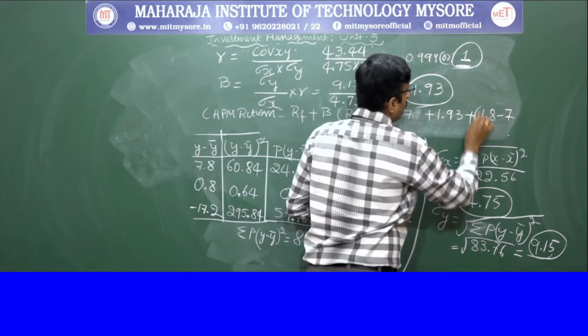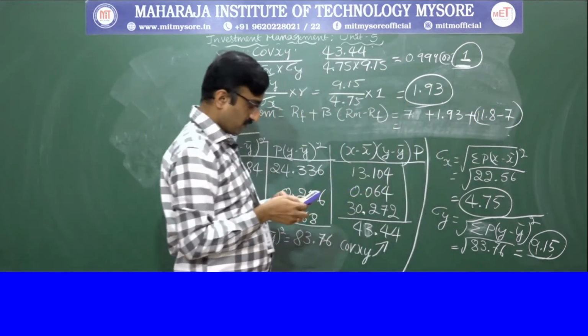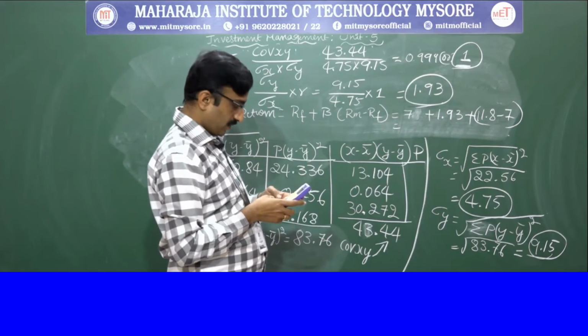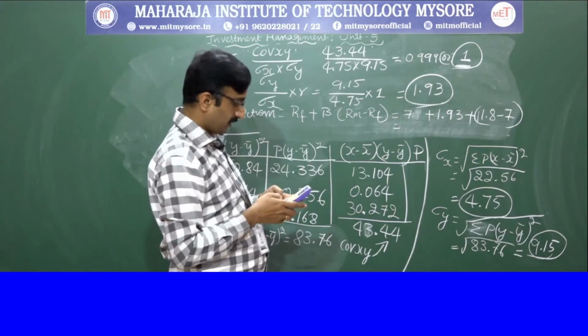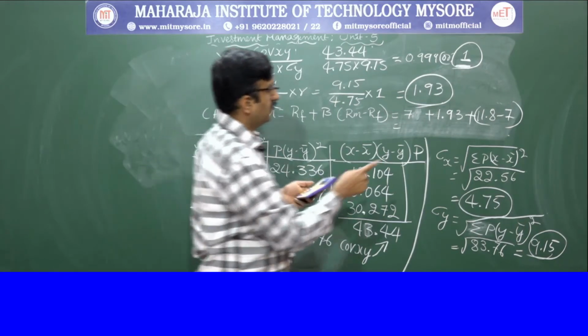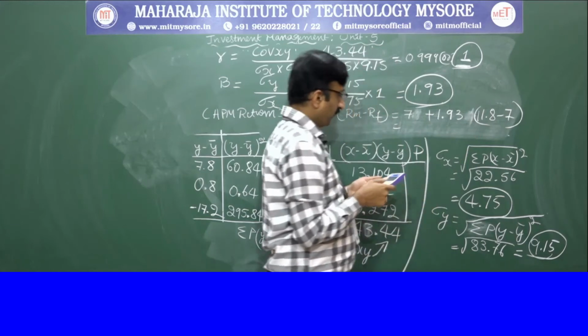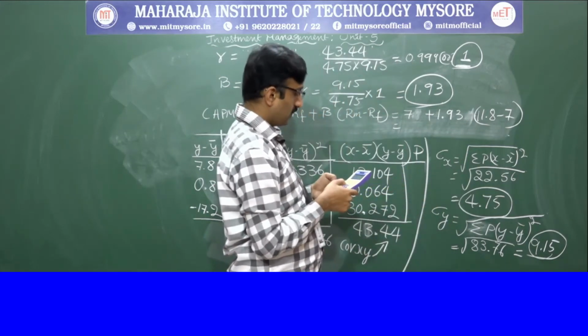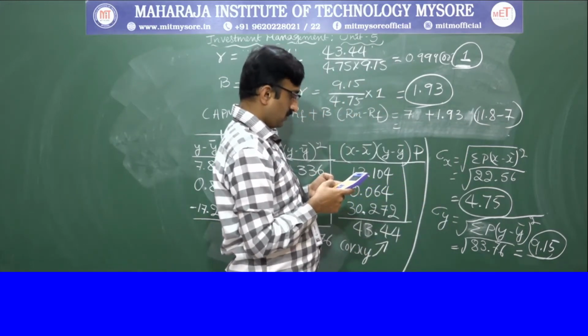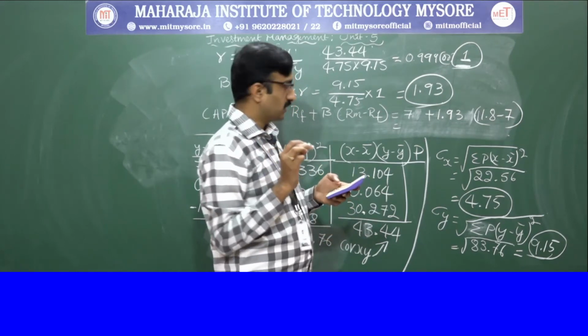Do the sum of that: 11.8 minus 7 into 1.93. So we will get 9.264.